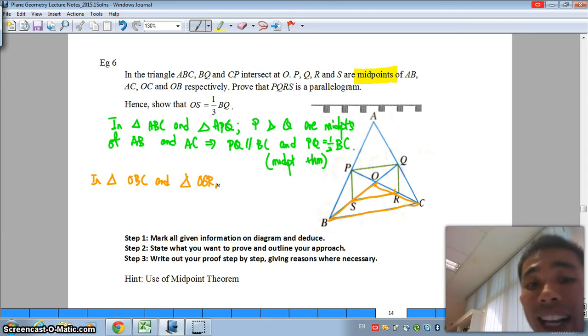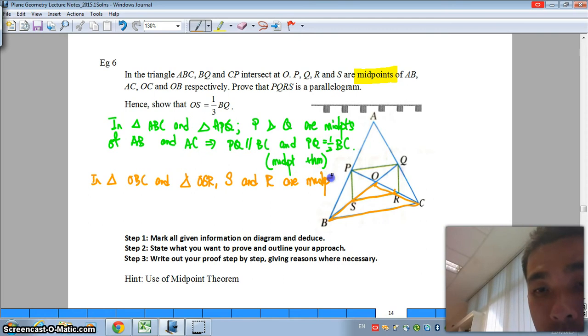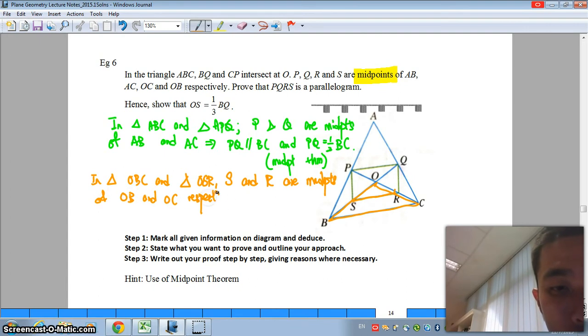Notice S and R are midpoints of the length OB and OC respectively. I noticed an error on top. Please remember to write the word respectively.